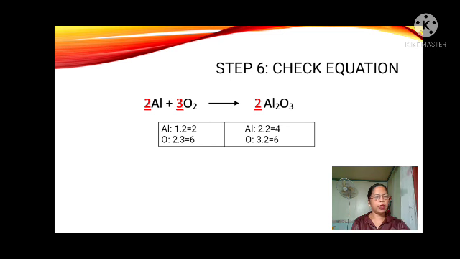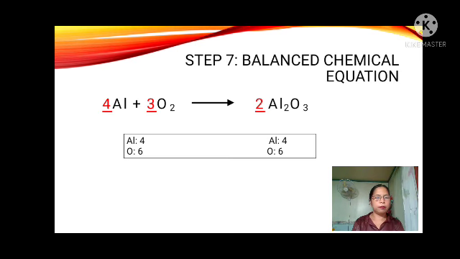We have to apply step 7. In step 7, let's check. The coefficient 2 is being replaced by 4, so if we multiply 1 by 4, the product is 4. We'll check: 2 times 3 is 6 for oxygen.